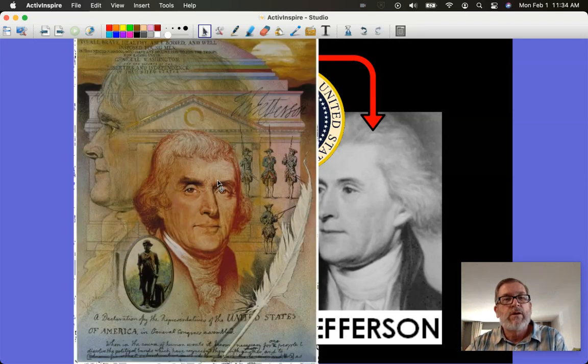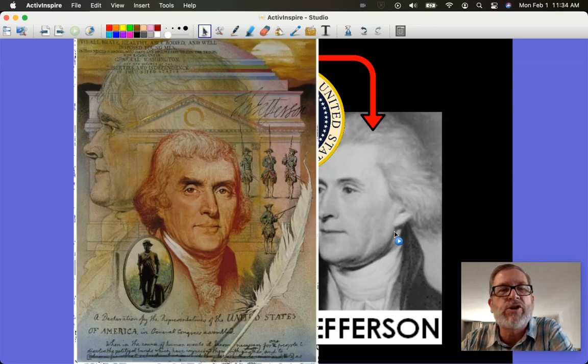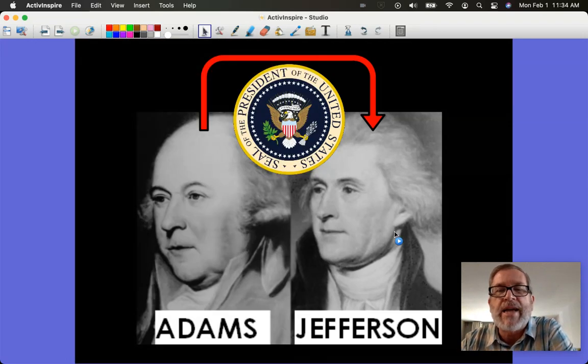One man's ego, that is Adams in this case, in his real Federalist, principled, strong central government attitude, conflicts with Jefferson's, who was much more about a democratic republican form of government, power to the people, power to the states, versus Adams and his central government philosophy. So the election of 1800 happens.